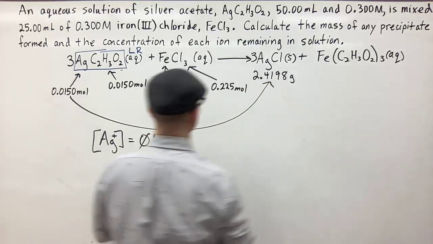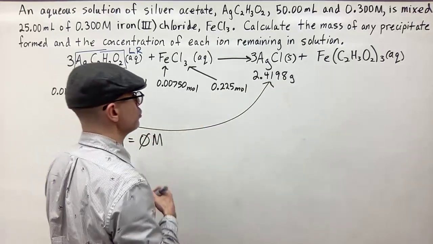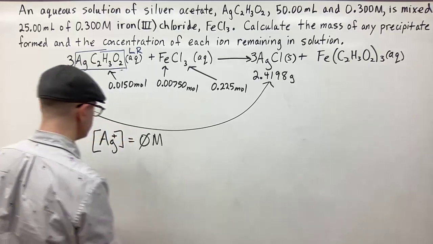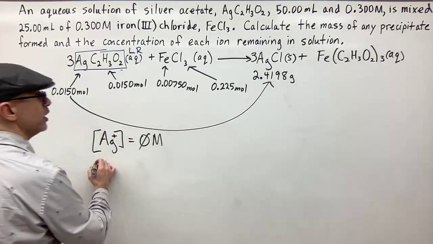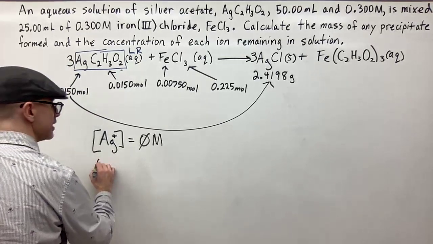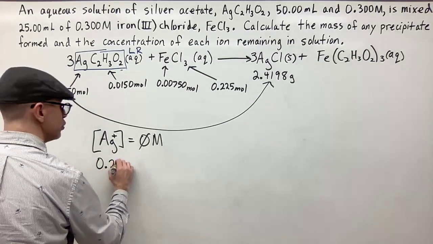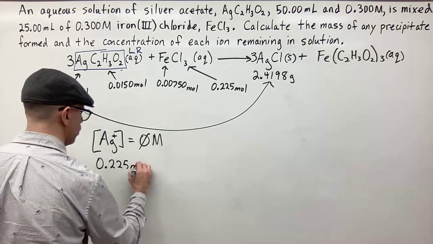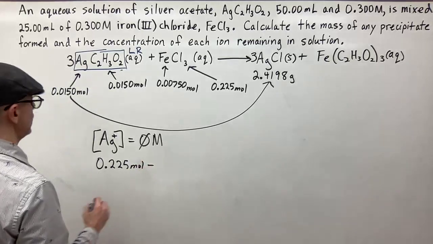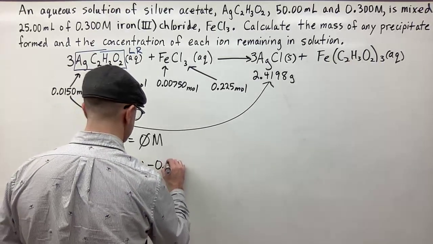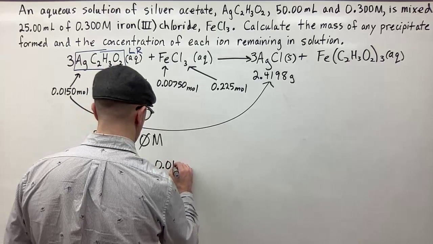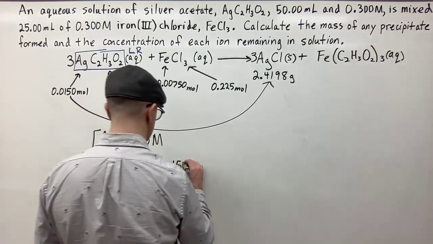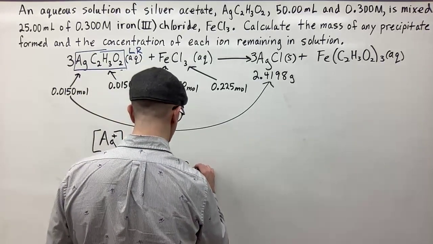So I need to subtract that from the 0.225 moles. So if I write that down here, it'd be 0.225 moles minus 0.0150 moles.